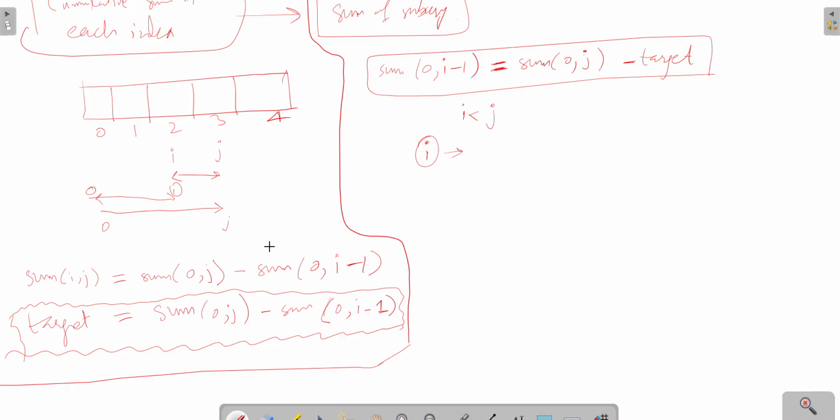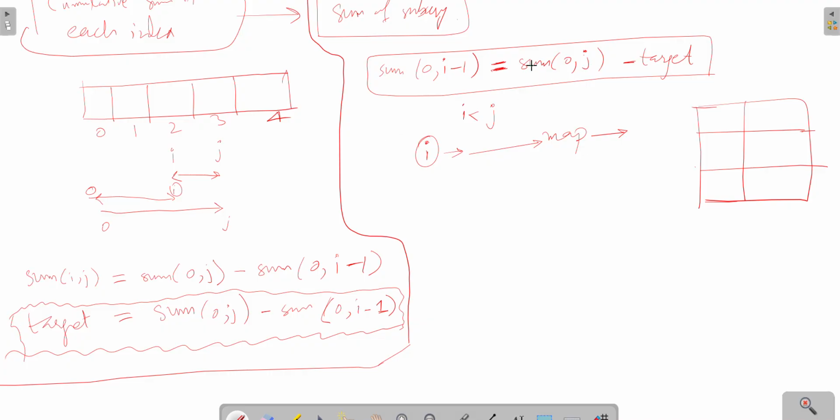Having said that, how can we tell quickly that we have seen it? And if you have worked with that, the solution is a map. If you keep setting these previous cumulative sums in a map, then you would be able to quickly tell whether you have seen this or not.